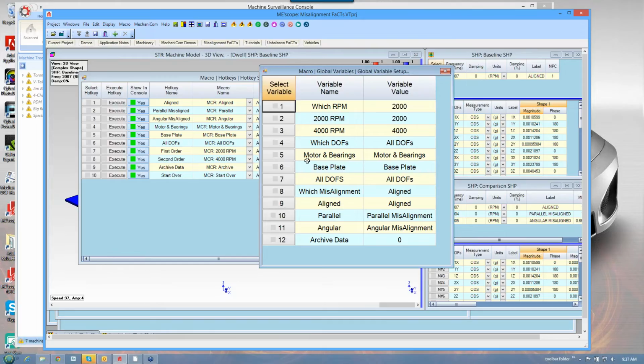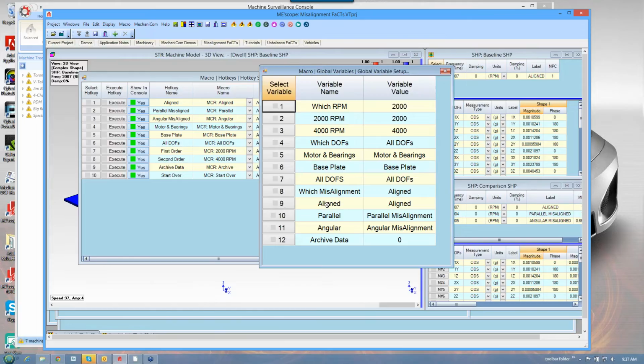So we can pick that, and you can see here that the variable value is actually a text that says motor and bearings, base plate, all DOFs. Which alignment? Which misalignment? So there's three cases here. The machine is aligned, it's parallel misalignment, or it's angular misalignment. And again, there's a text value for each of those variables.